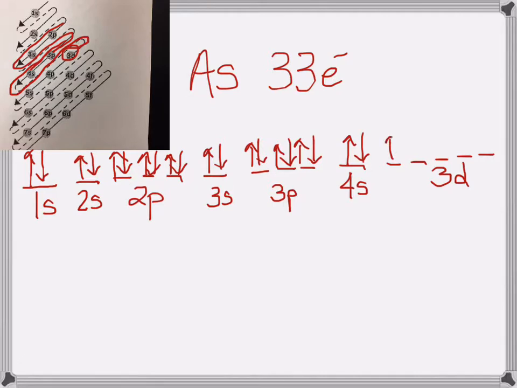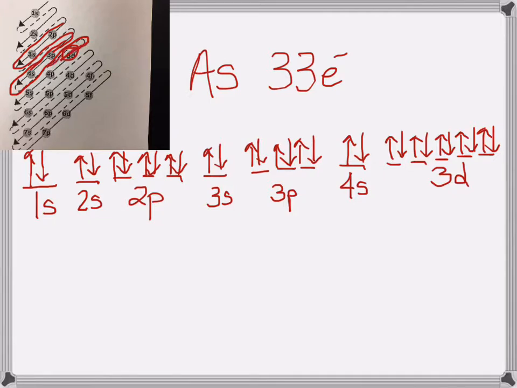And I need all 10 of those electrons. And I've run out of room, so I'm going to go down to my next line. And 3d is full with those 10 electrons.